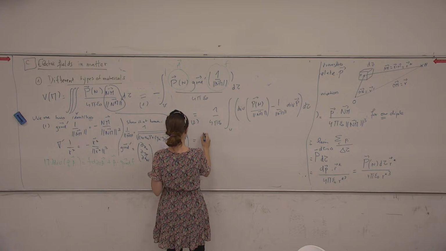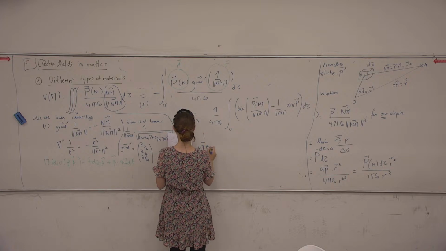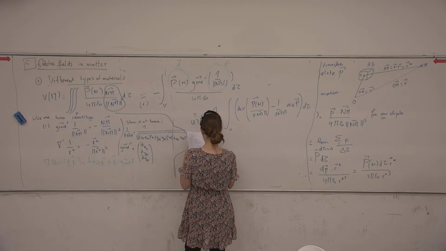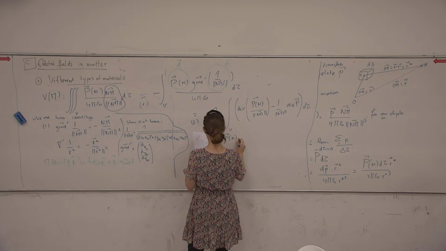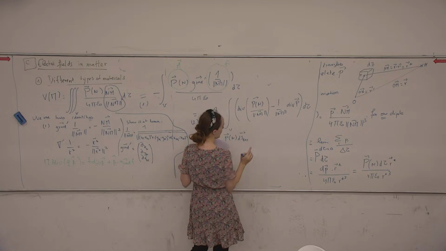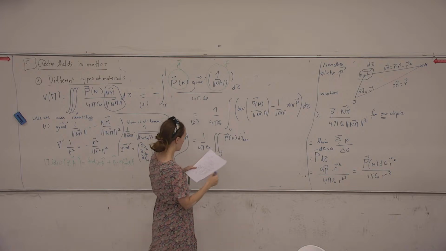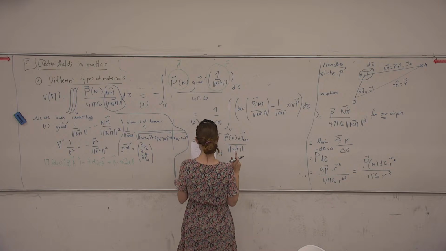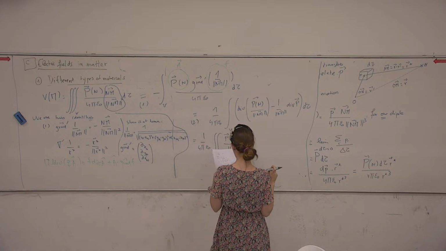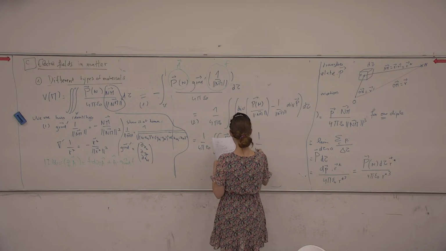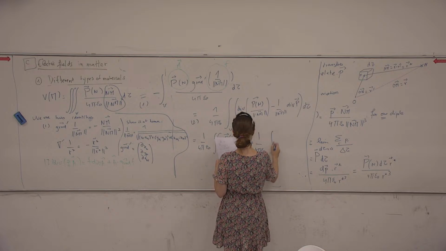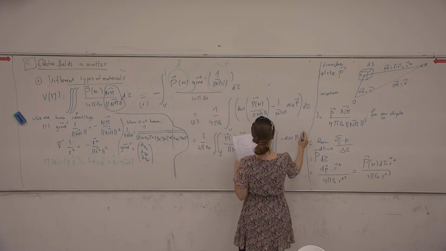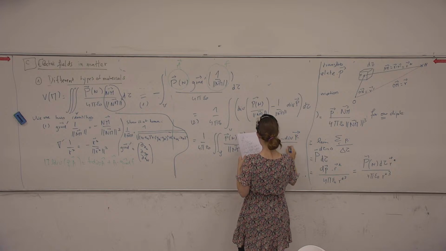So I can write that this is equal to 1 over 4 pi epsilon 0, a surface integral of P(n) dotted with dS, that's a surface pointing outward, over Nm, plus 1 over 4 pi epsilon 0 the integral of minus divergence of P divided by Nm.